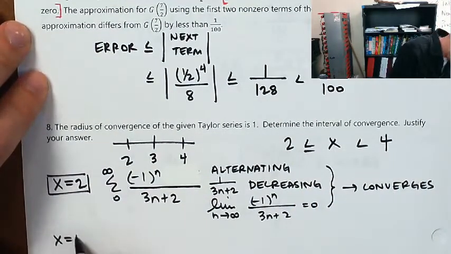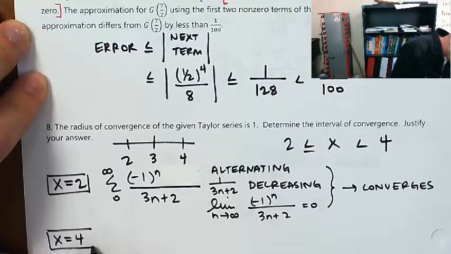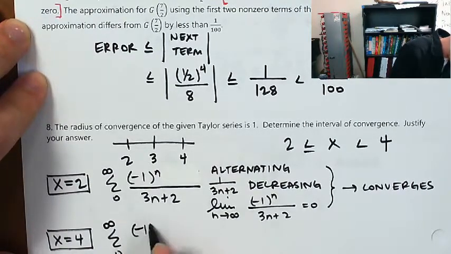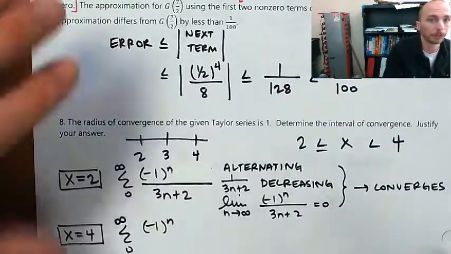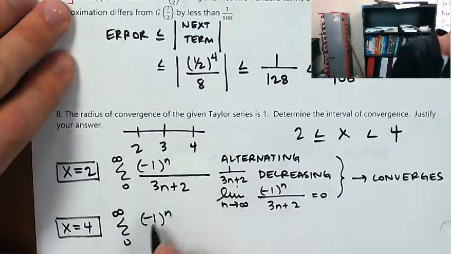At x equals 4, I'm going to have the sum from 0 to infinity of (-1) to the n, times (4 minus 3) to the 2n, which is 1 to the 2n. That's another thing where it's a power of 1, so it's just going to be 1, so I'm not going to include it.